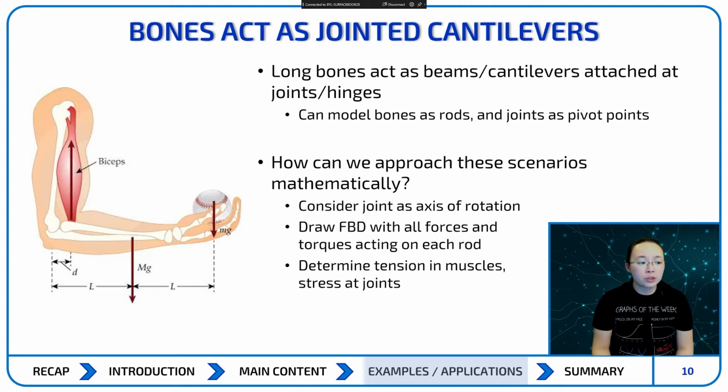So with the joints as pivot points, we would be able to analyze static equilibrium in many cases, figure out your force diagrams or free body diagrams, and then apply static equilibrium analysis by making sure all the forces and torques balance out. Then you can isolate for a specific term and calculate for tension or stress along the bone.